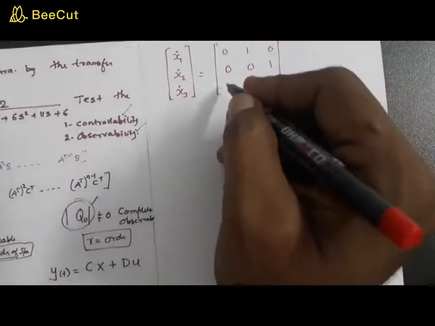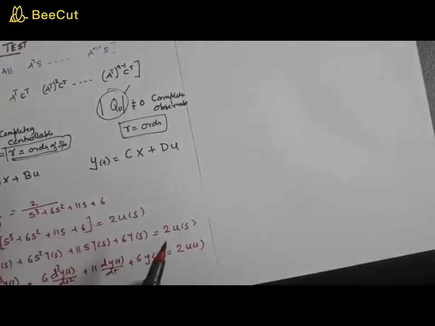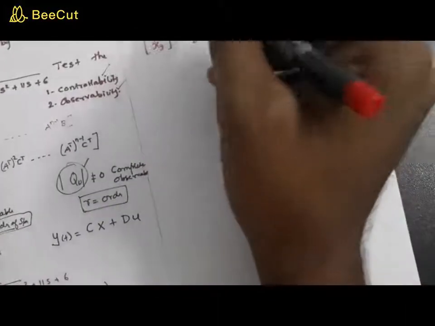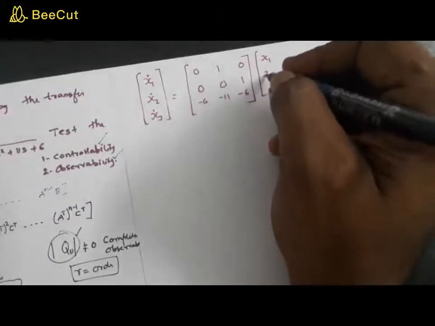You must not do it directly, you must show the steps, as we did in many problems regarding this. So this will be minus 6, minus 11 and minus 6, into x1 x2 x3.